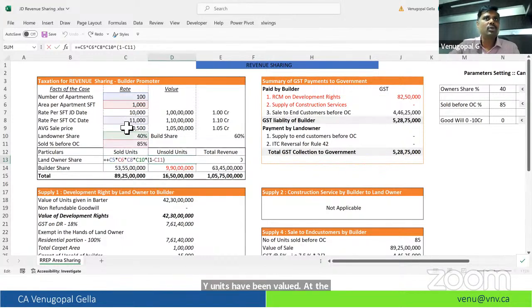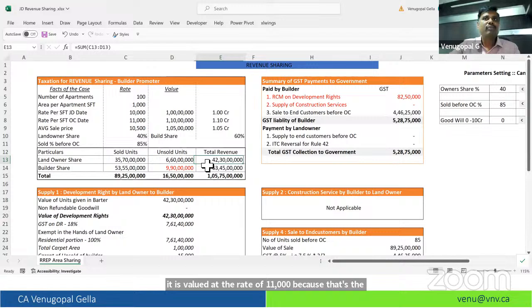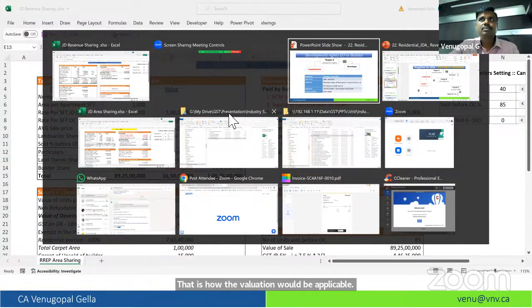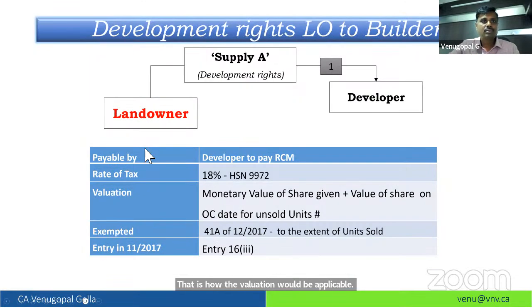The balance 15% units, which have not been sold, you can see are valued at the rate of 11,000 because that's the value on the OC date. So eventually it is becoming 42.3 crores, while the 40% is 40 crores. That is how the valuation would be applicable. Commercial projects also, because in case of commercial projects, we have to pay GST on the date of the JDA itself for development rights.